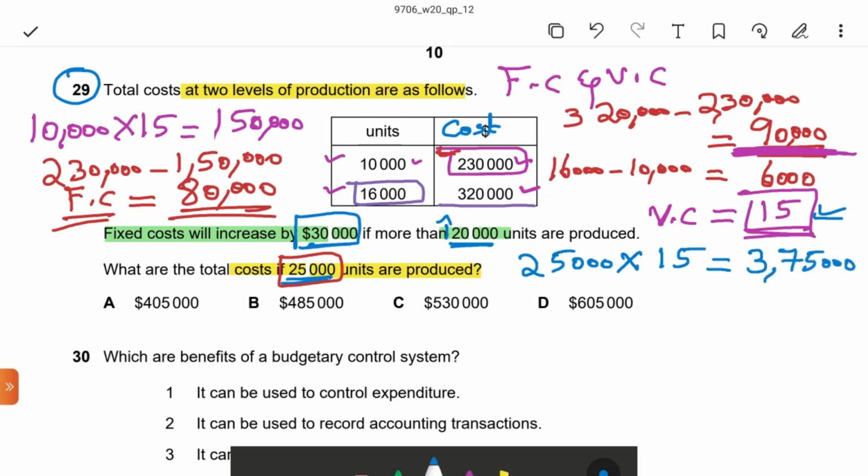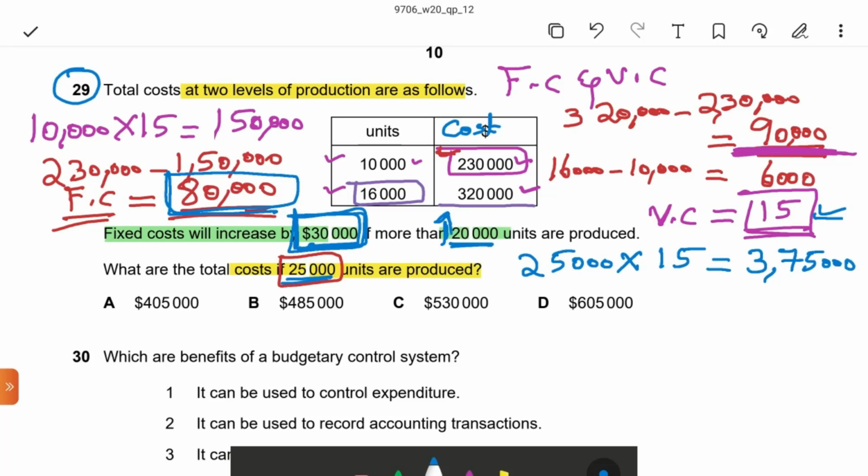Next, what is our fixed cost? Fixed cost is fixed for all units. When the units change, only variable cost changes, but fixed cost never changes. As per the question, if it is more than 20,000 units, they will add 30,000 to the fixed cost.